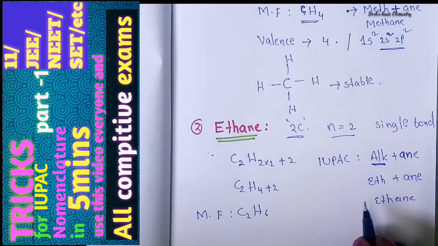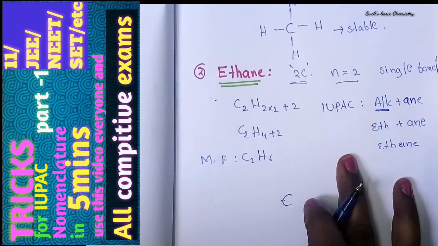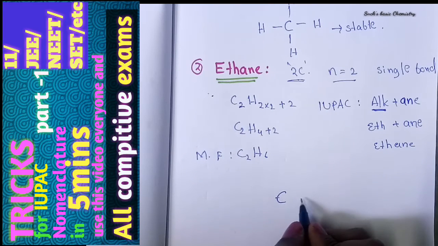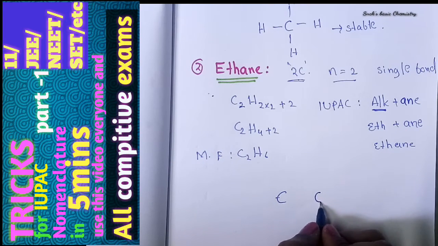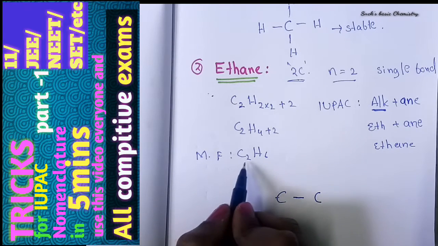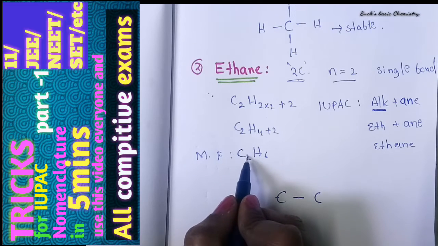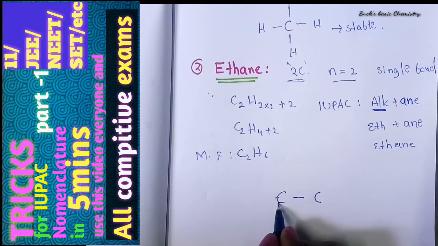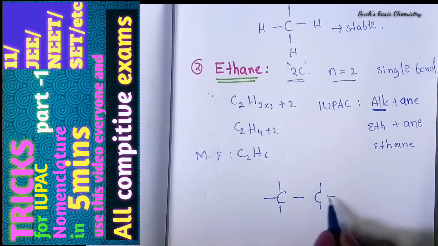Next, draw the structure. How to draw the structure? First write down the carbons. How many carbons? With a single bond, two carbons. In the molecular formula C2H6, we use two carbons, and the remaining six are hydrogens. Each carbon has a valency of 4: 1, 2, 3, 4.